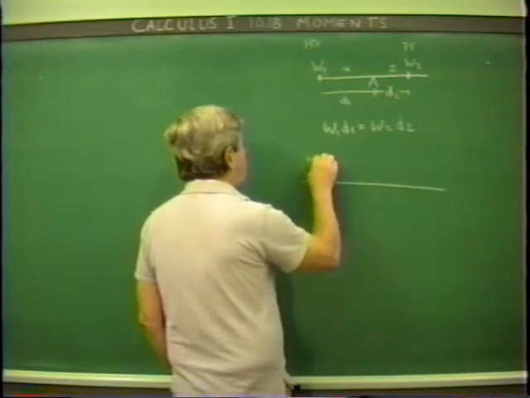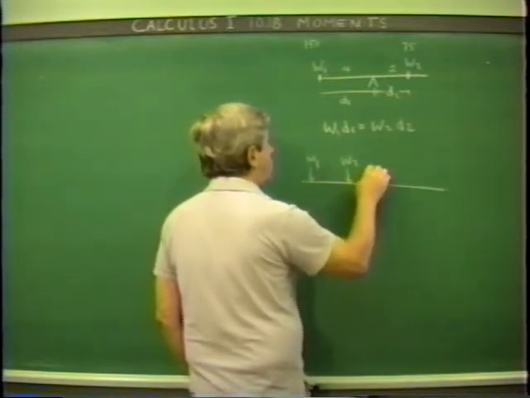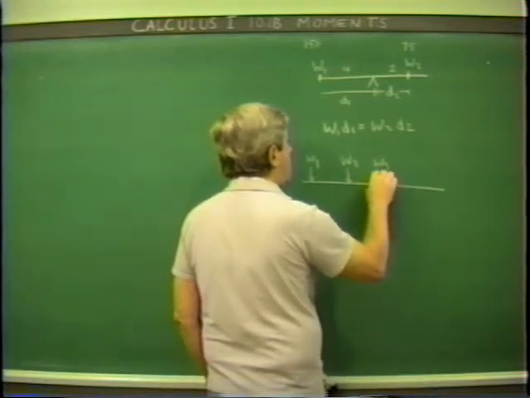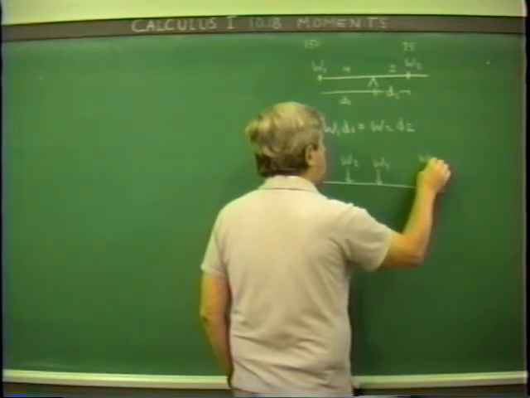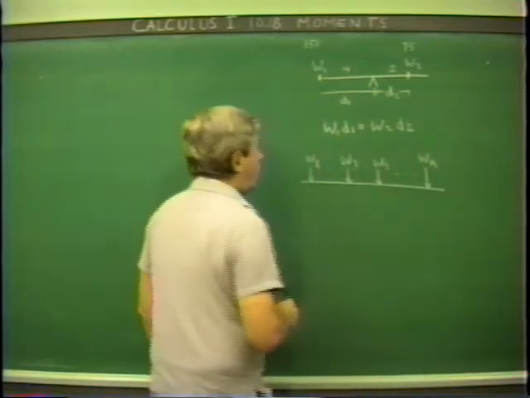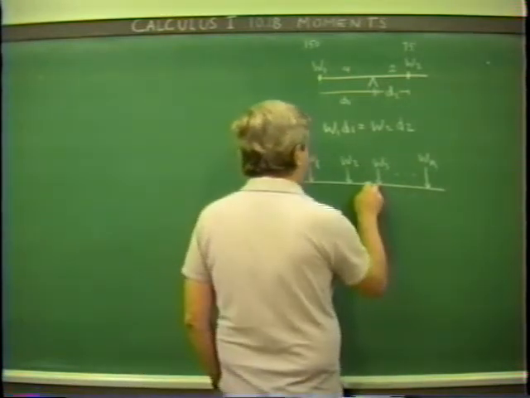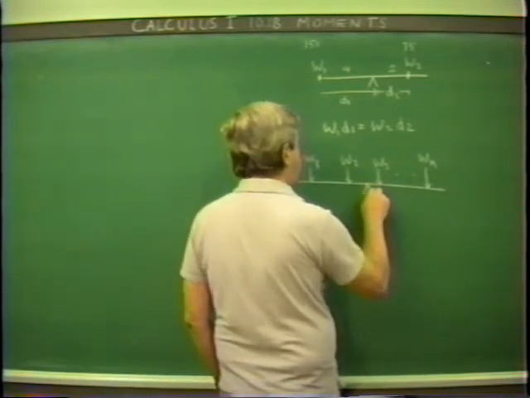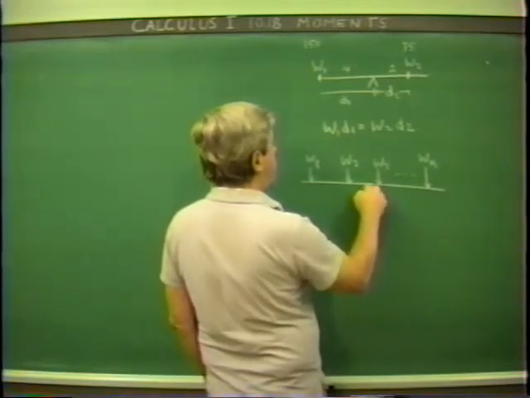At any rate, now let's look at a more complicated case. Let's suppose that we've got a lot of weights, W1, W2, W3, up through, let's say, Wn. Right? Located on some sort of a board here.